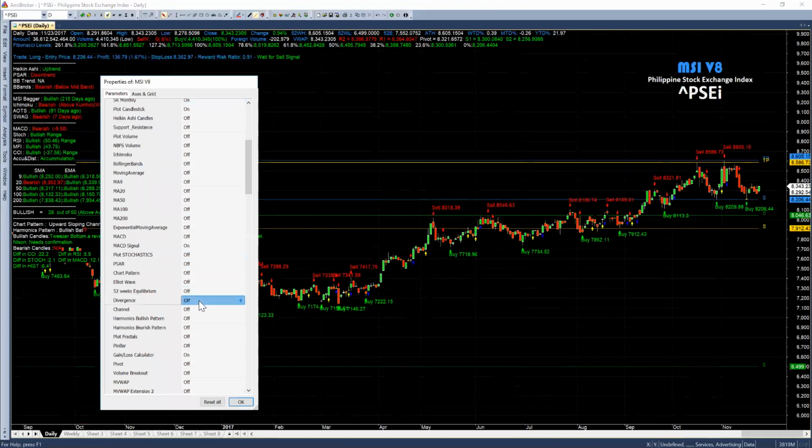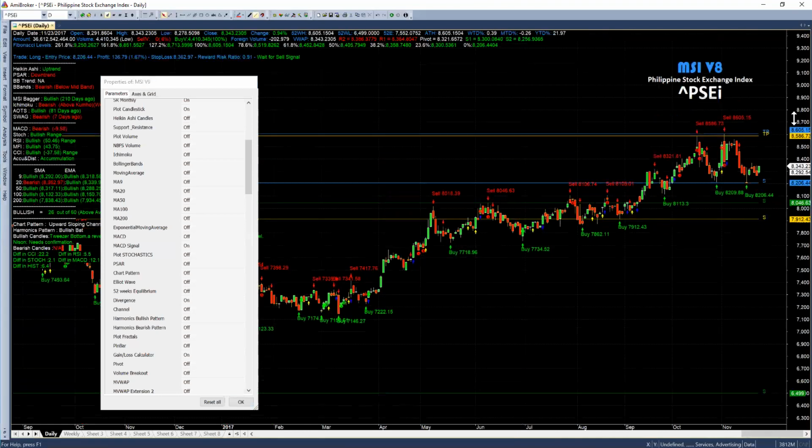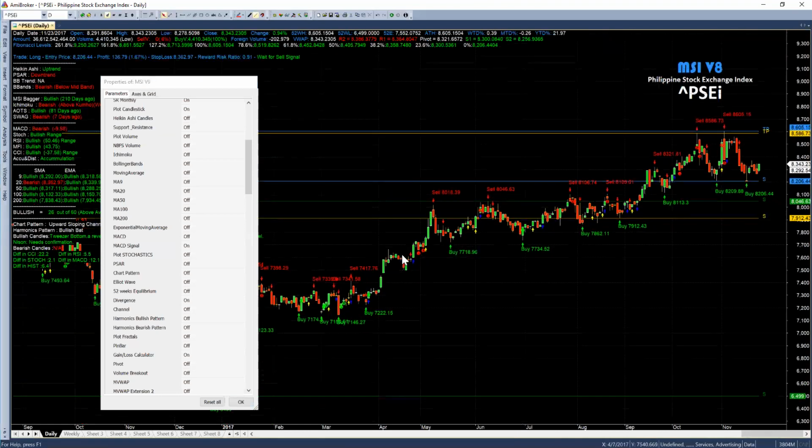We have also the divergence. Yung divergence, kung mapapansin nyo dito sa area to, nagkaroon ng mga circle, and each of that merong corresponding divergence na binibigay.